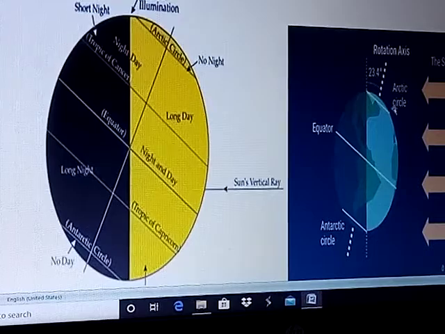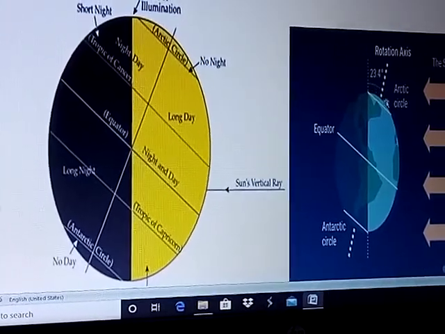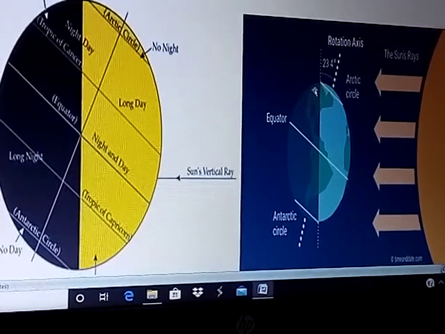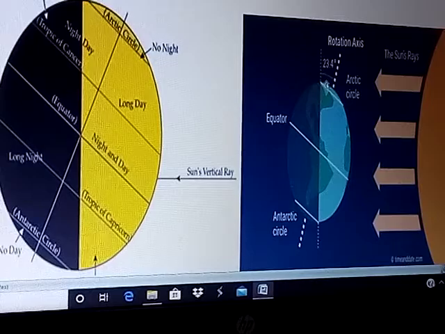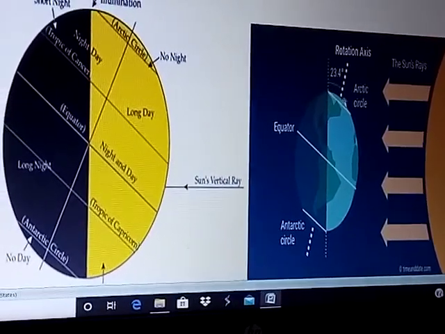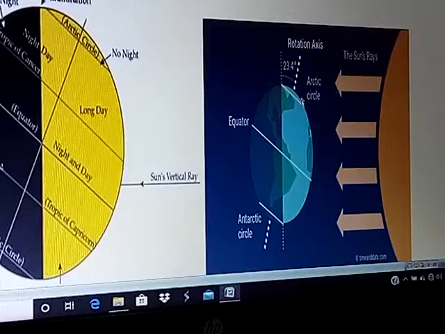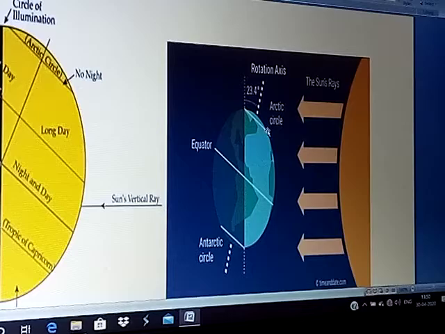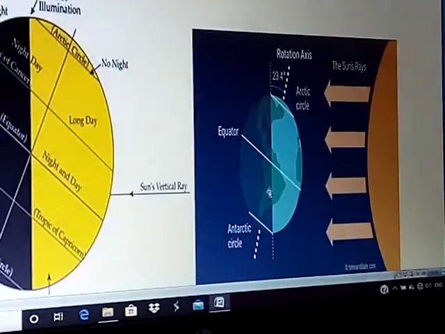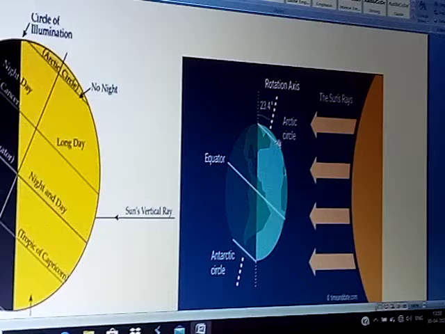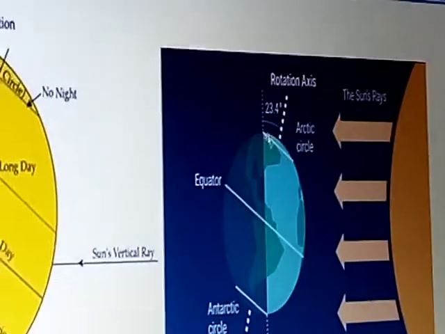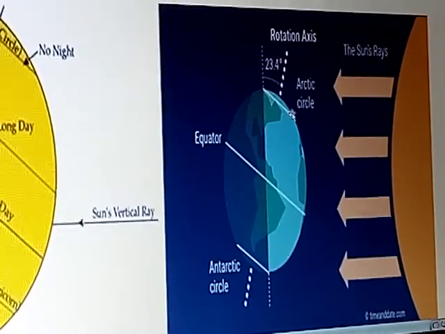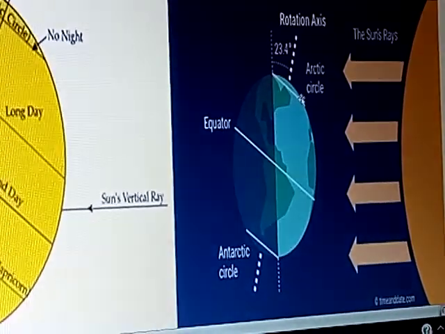However much it rotates in 24 hours, this part never gets the dark or night part, and that is why on 21st of June, especially at the North Pole, you will have 24 hours of day. Why? Because, see the diagram, the earth goes on rotating on its axis, but this part never sees the darker part.